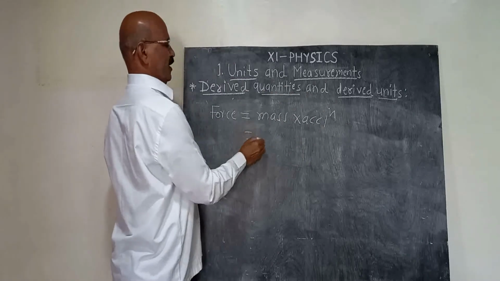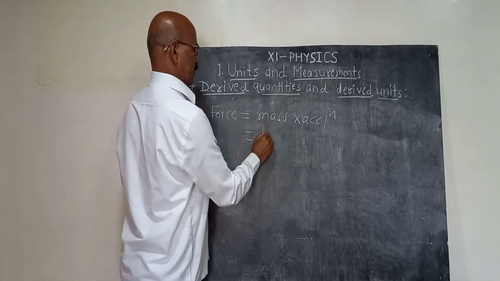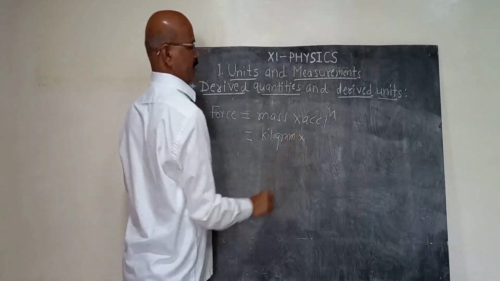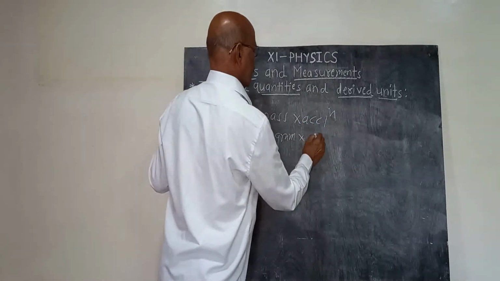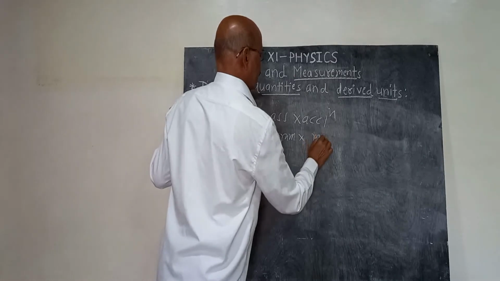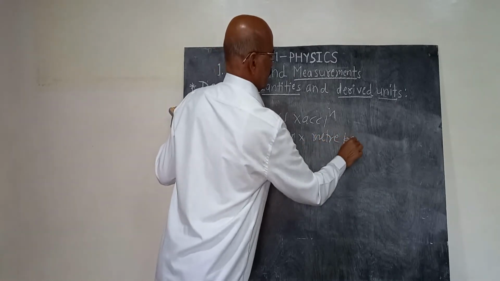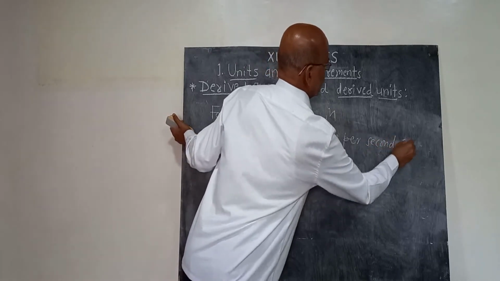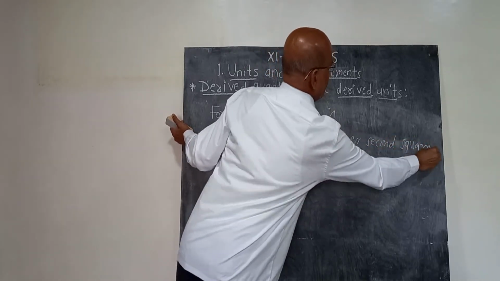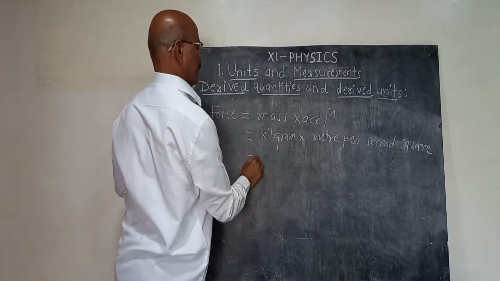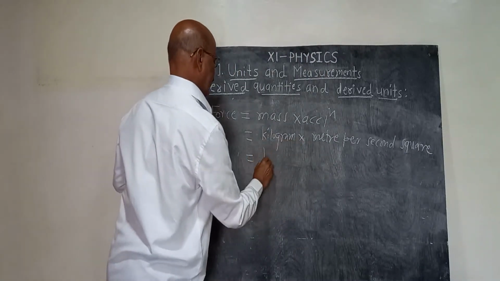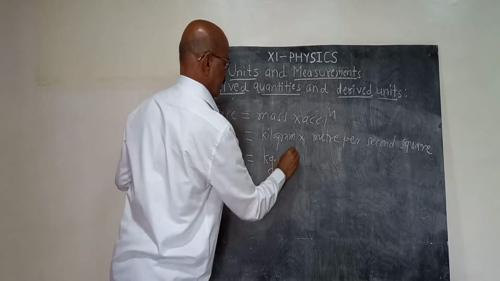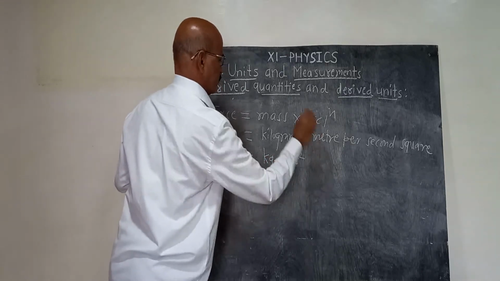By knowing the SI unit of mass, that is kilogram, and the SI unit of acceleration, meter per second square, we get the SI unit symbolically as kilogram into meter per second square.